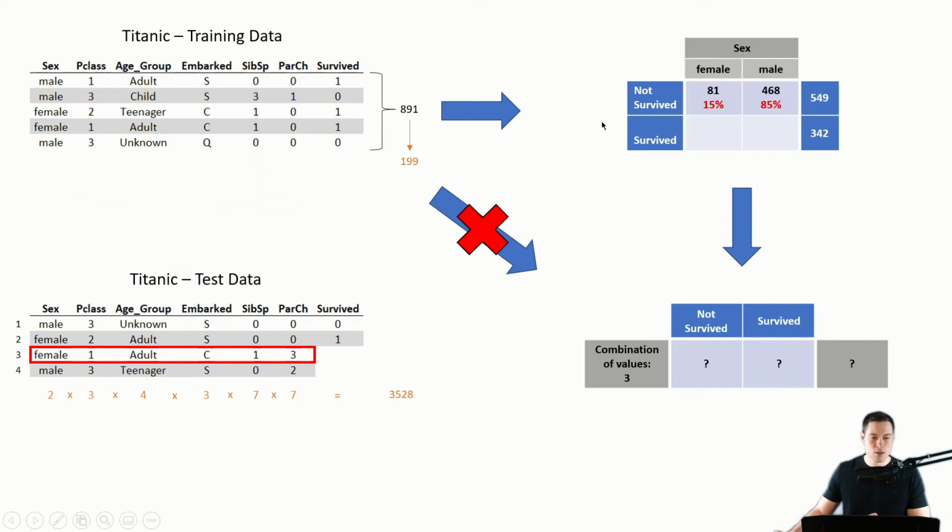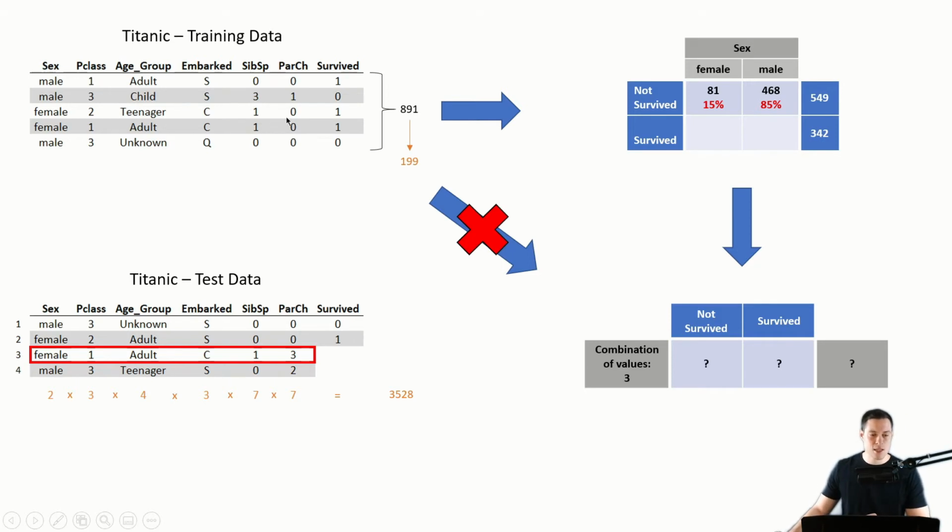If we check that out, then we can see that there are 81 female passengers out of those 549 non-survivors and 468 are male. So expressed in percentages, that means 15% of the non-survivors are female and 85% are male. So that's the first feature.